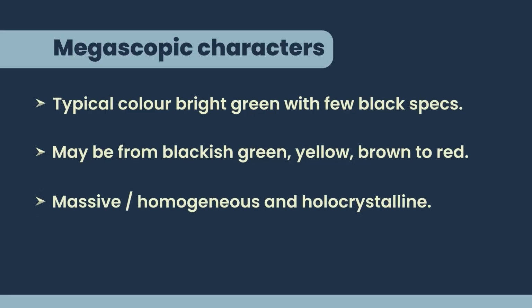These rocks are massive to homogeneous and holocrystalline. Now, what is massive? Massive means when you see the rock hand specimen, it is compact, does not have any particular shape, and you will not see any layering.